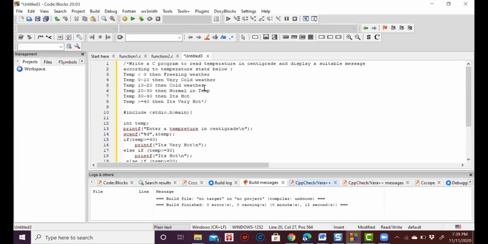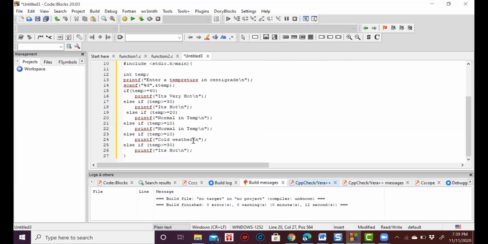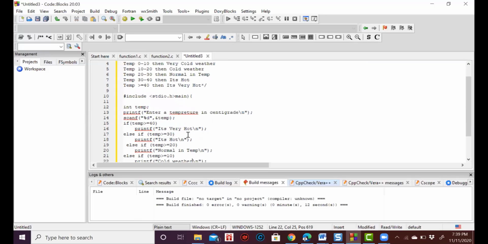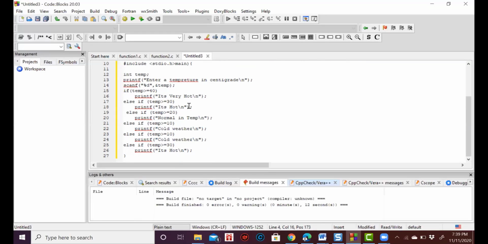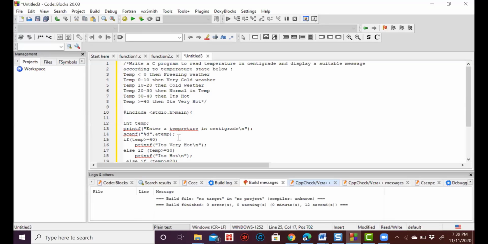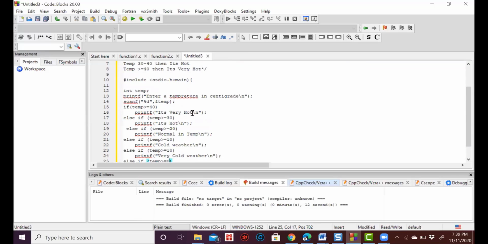Then after normal, cold water. And then after cold, very cold. Very cold. And then 10, 0. Cold water.